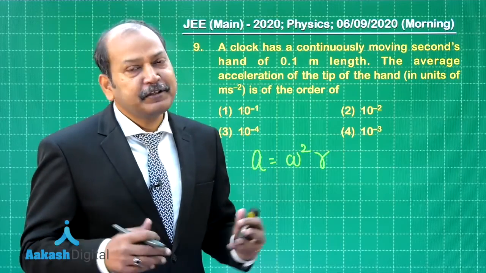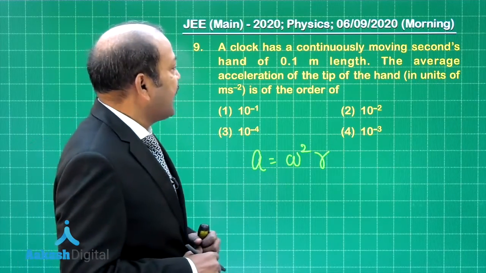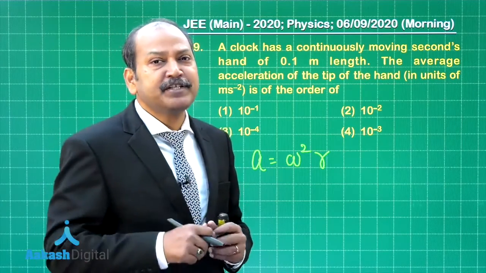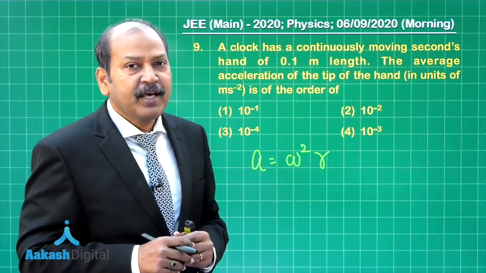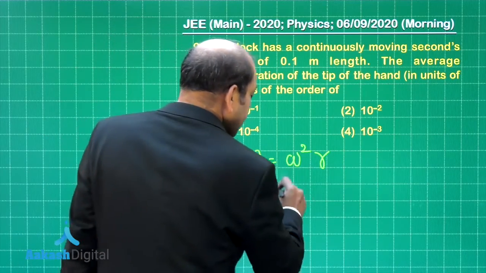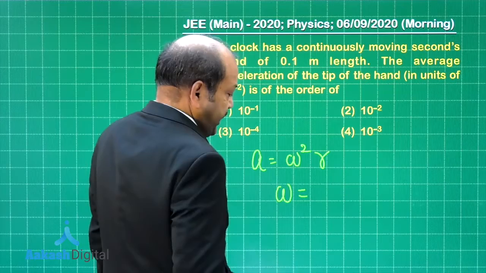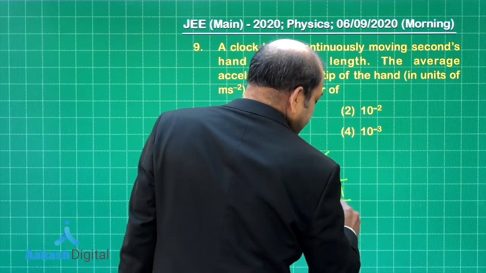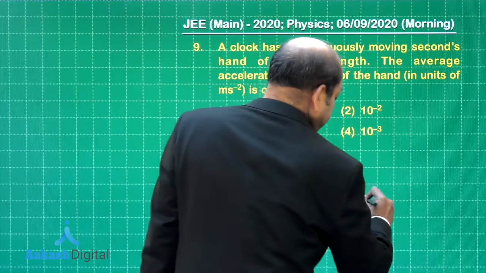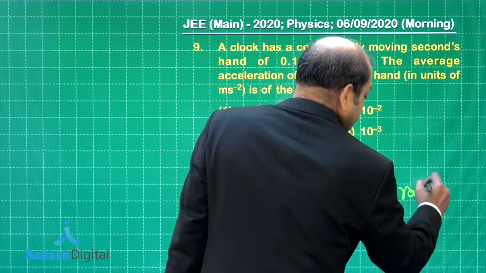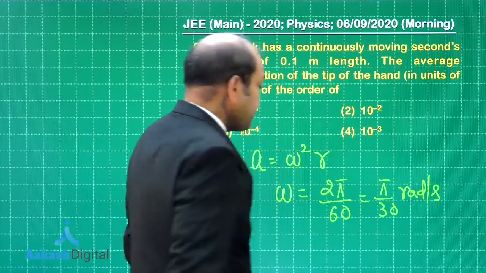Let us evaluate the value of omega, and it is a seconds hand. So, a second hand completes one revolution in 60 seconds. That means the value of omega, angular speed of the tip, is equal to 2 pi radian divided by 60 second, or pi by 30 radian per second. So, that is the angular speed.